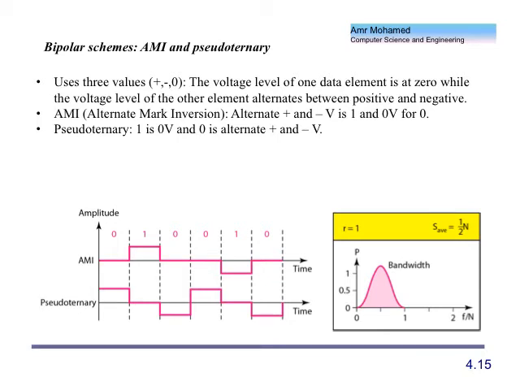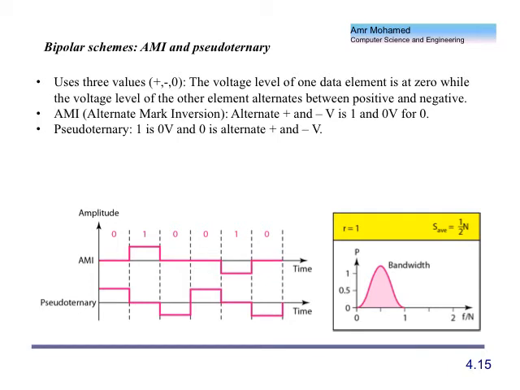This one loses the timing information, or loses the self-synchronization, only for the case of consecutive zeros. For the case of consecutive ones, I still have change, it goes up and down. So I don't have this problem. And the good thing here is the bandwidth, or the baud rate. The baud rate is 1/2.